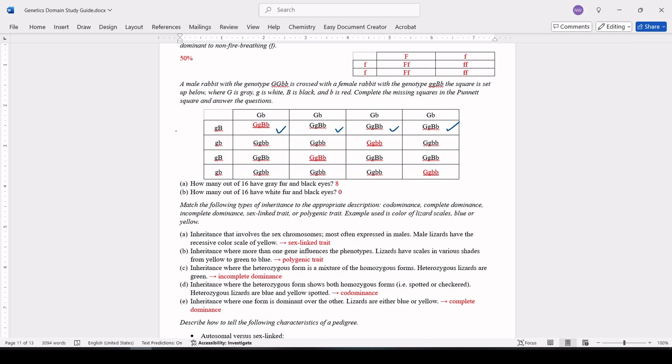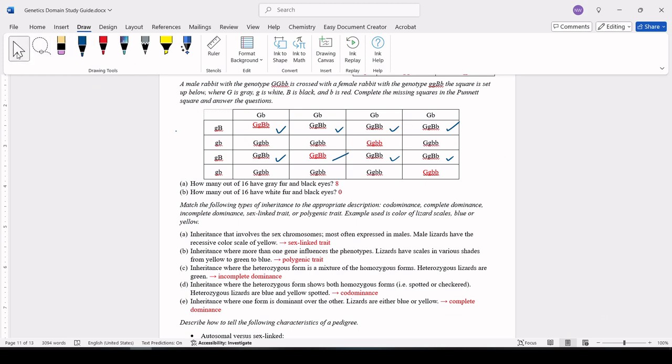We all have capital G's in the second row, but we have lowercase b, so that doesn't count. And then all of them in the third row have a capital B and a capital G. So that's going to be 8 total, and there's 16 boxes, so I would just put 8 here for part A.